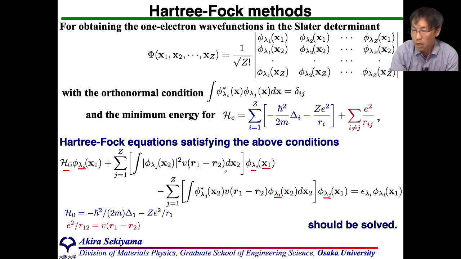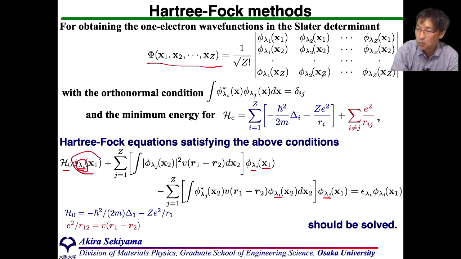So now we assume that by using this Hartree-Fock approximation, we obtain the information of the wave function of each state lambda I. Then we can express the total Z electron state by using the Slater determinant. So this is the story of the first step of how the many-electron system should be described. The first step is to use this Slater determinant.